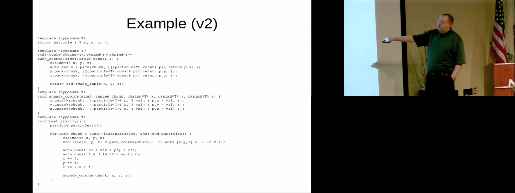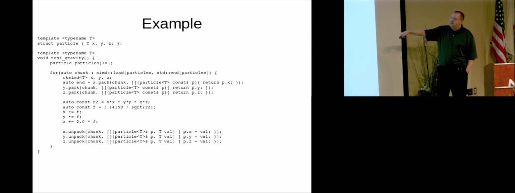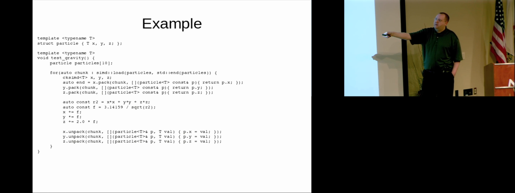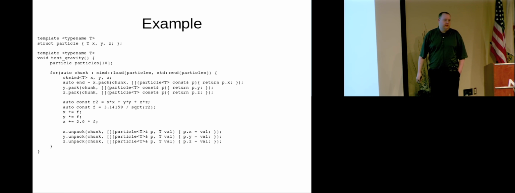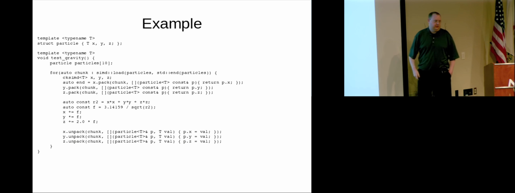And so this version is completely generic, right? You could drop this in and never change, let's say, the header file that the particle is contained in. So you don't need to change the whole code base in order to make this loop run faster.